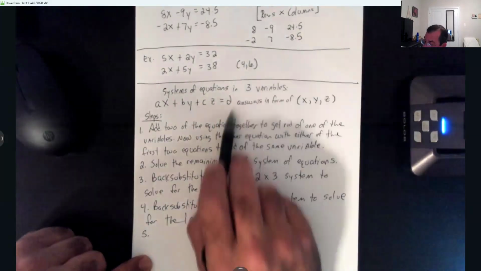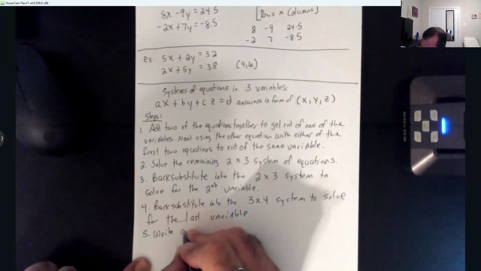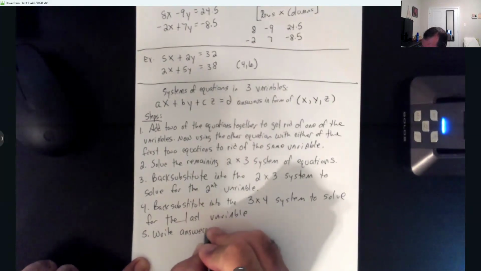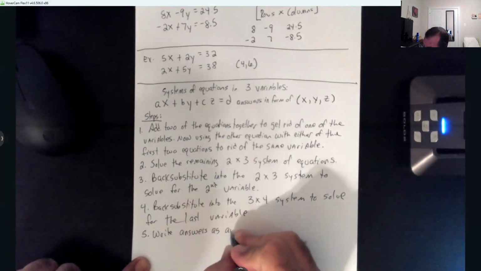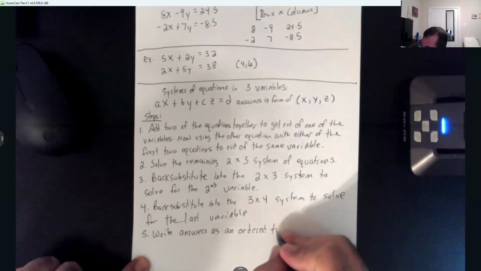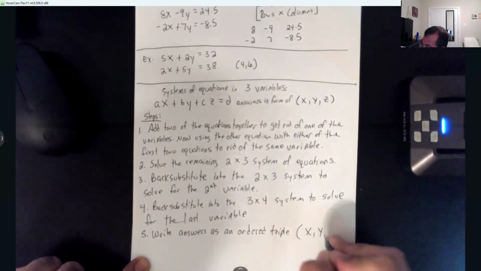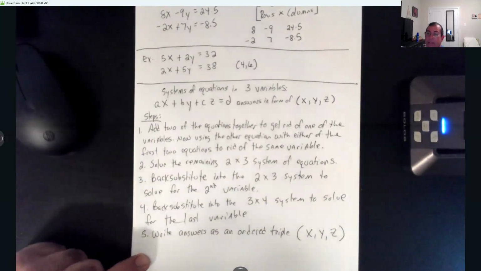And remember, write the answers as an ordered triple. So now that'll be an X, a Y, and a Z there, okay?